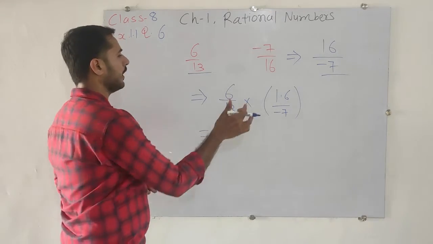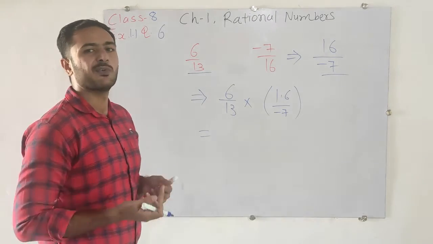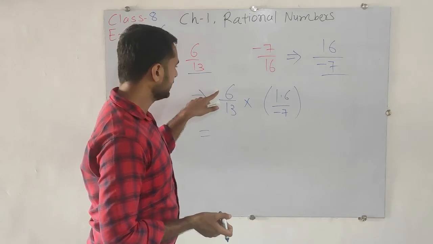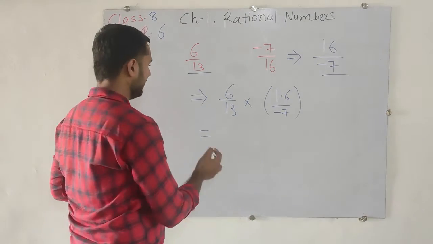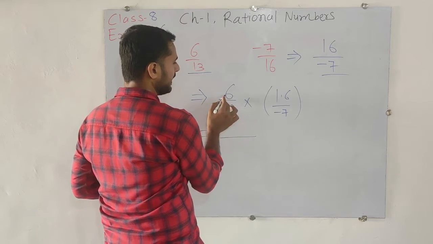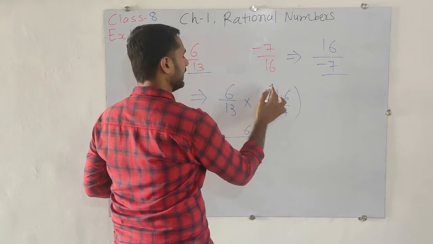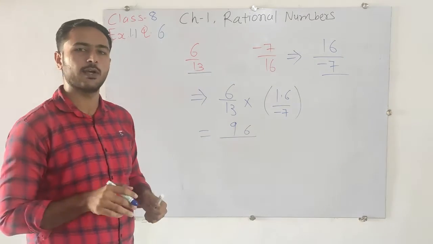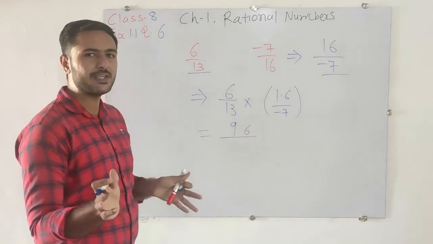So we can simply do the multiplication of 6 and 16. 6 sixes are 36, 6 threes are 18, plus 6 is 96. Or directly you can do 16 times 6, that is 96. In both ways you can do it.